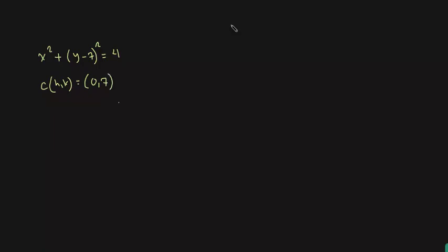Now we have the center, and all we need to do is find the r. If this is r squared, then r is 2 units, because 2 squared gives us 4.